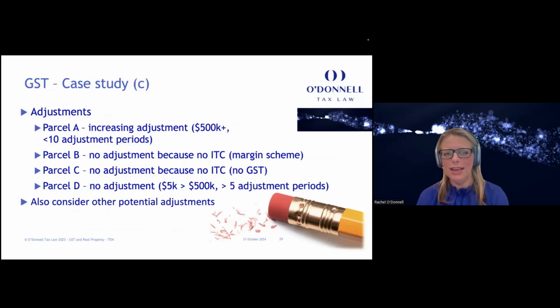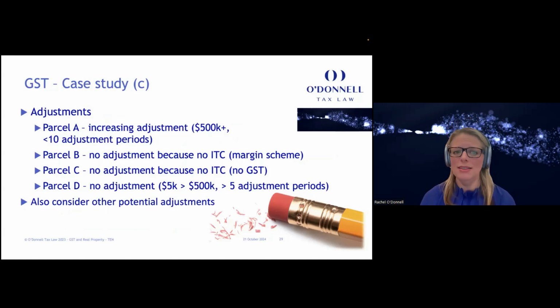So what that means back here is we have some potential adjustments. Parcel A, do we have an increasing adjustment? We've claimed all of the GST back. We claimed that $300,000 as an input tax credit when we purchased the property. And we've actually had less than 10 adjustment periods. You might remember that I mentioned the thresholds and the number of adjustment periods.